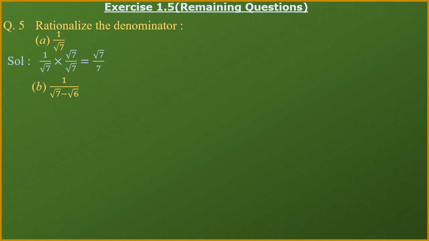We are given 1 upon under root of 7 minus under root of 6. Now the question is different from the previous one. In the previous question, the denominator was a single term, but here two terms are given in the denominator and they are in the form of subtraction. So in that case, remember, as we multiplied and divided by the same denominator, here also we shall multiply and divide by the denominator, but only one change will be there.